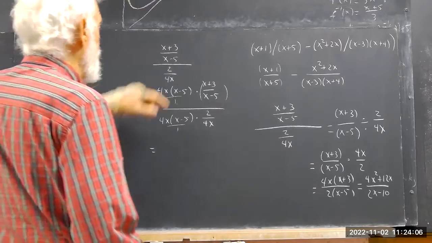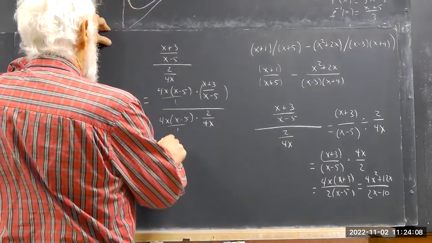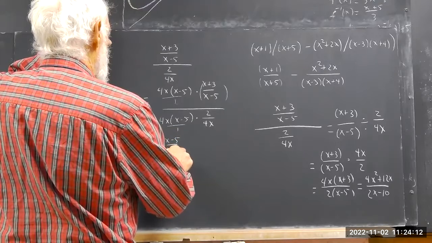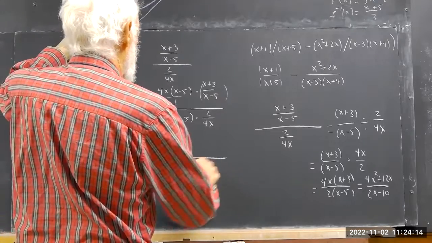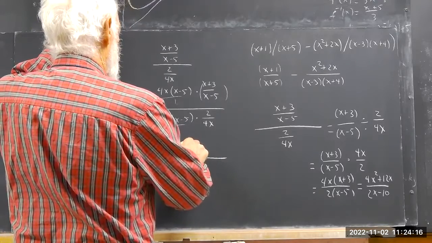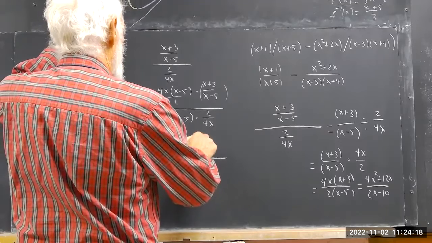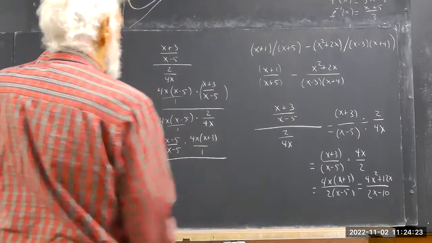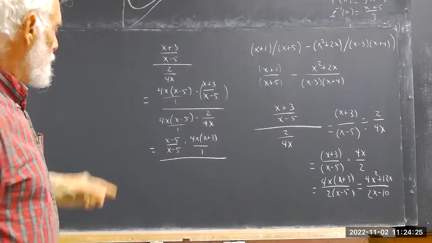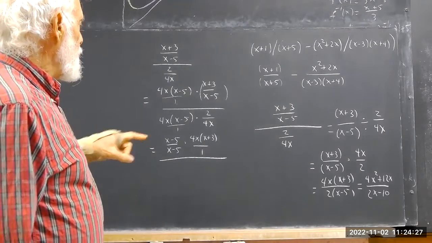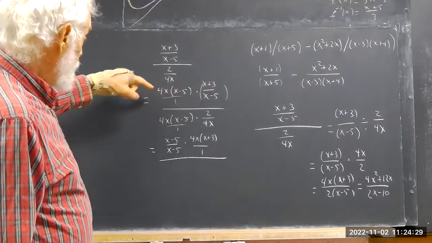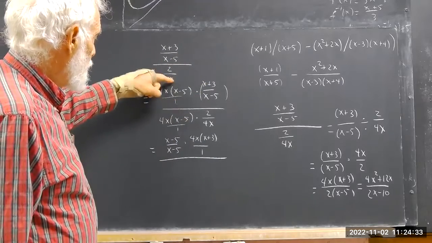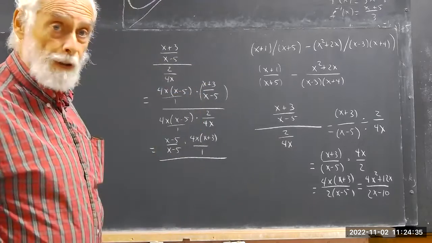And we can see that this numerator can be arranged as this. We still have the same factors in the numerator, 4x, x minus 5, and x plus 3. There's the 4x, there's the x minus 5, and there's the x plus 3.